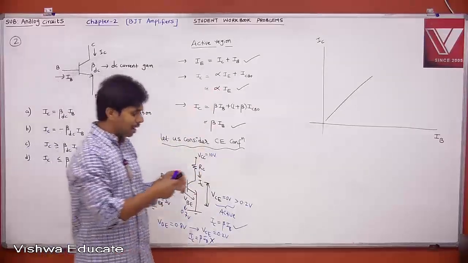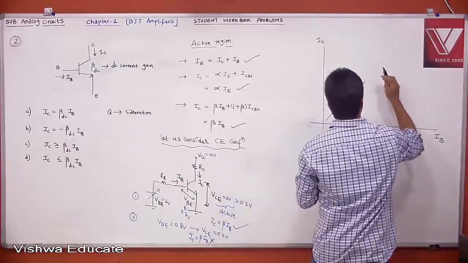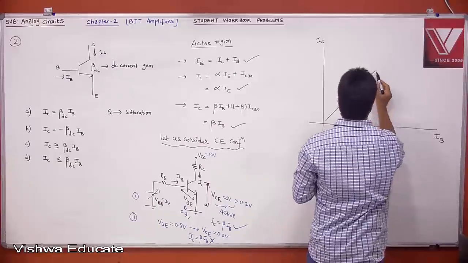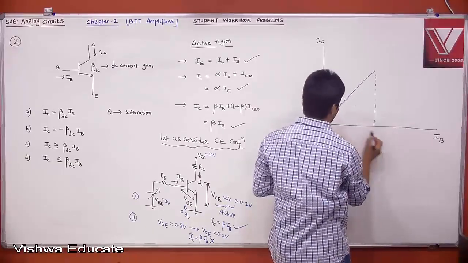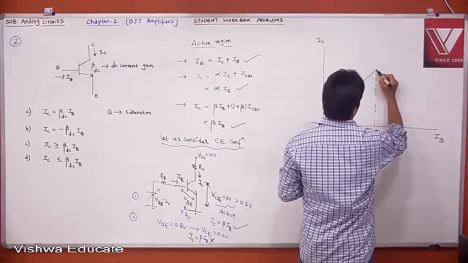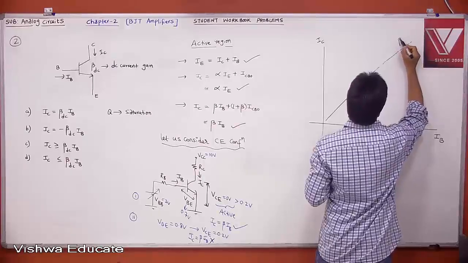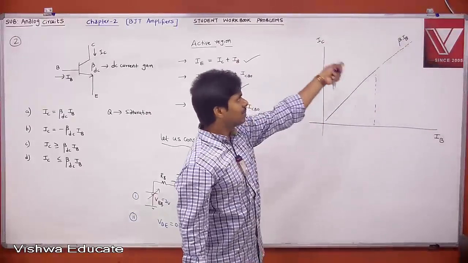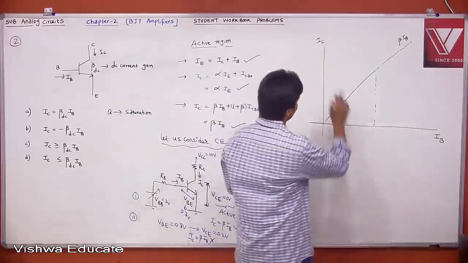Therefore, now if I complete, what will happen? Let us say, till this point, this is my saturation point. Then your IB can increase. IB is increasing, let us say mathematical equation. This is beta IB. Your IB increasing, beta into IB is increasing. It is a mathematical factor, beta into IB. But remember, what is your IC?